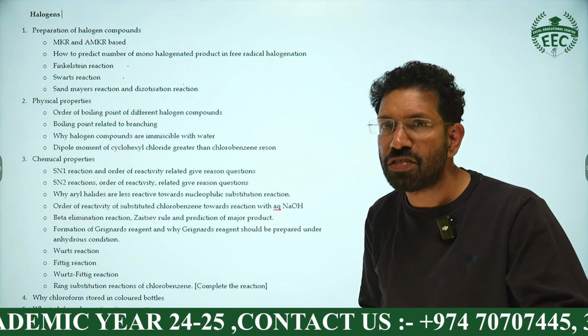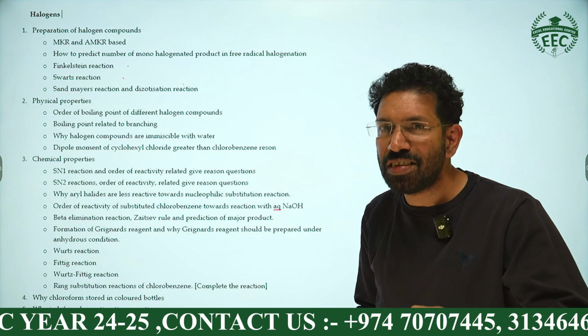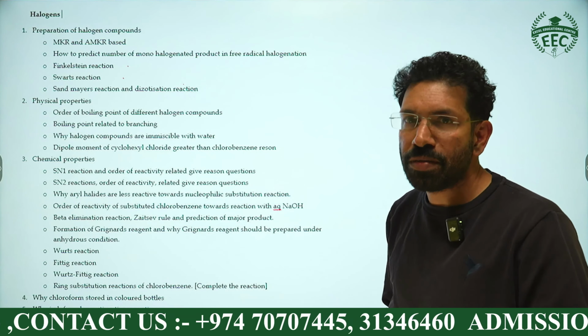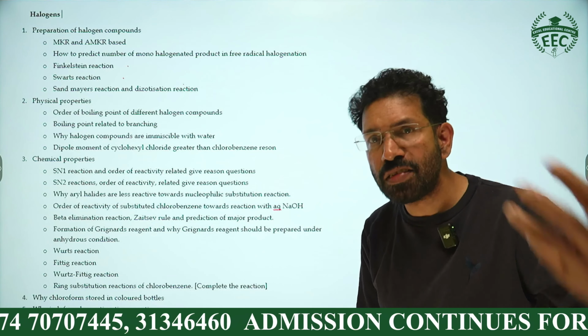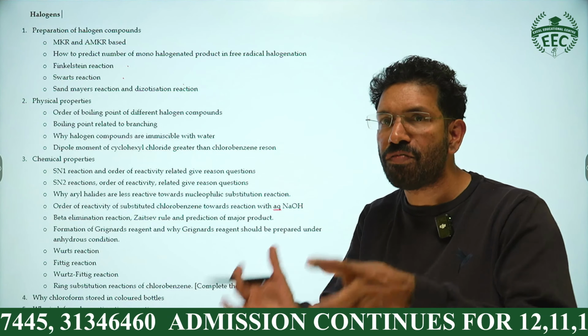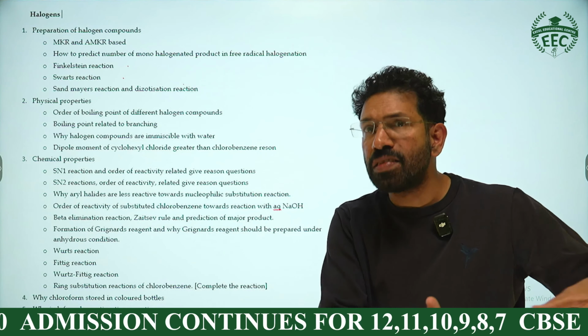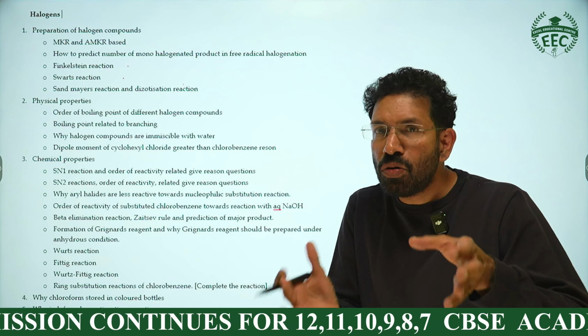Methods to distinguish tests will come. Then mechanisms are coming, conversions are coming, order of acidity of acids are coming, phenols are coming, order of basicity of amines are coming. This is the area you have to remember.